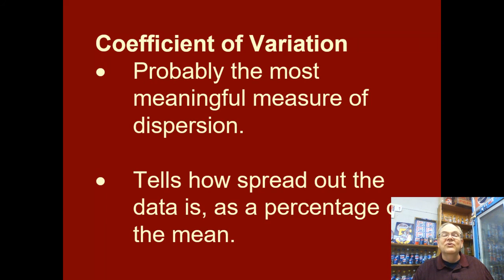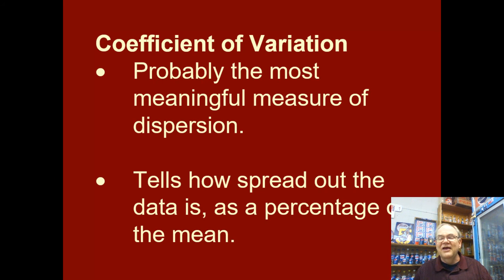The last of the things that we're going to talk about is what's called the coefficient of variation. And of the different things that we're going to be discussing, this one is probably the one that is the most useful for really understanding things. What the coefficient of variation does is it takes the idea of spread or dispersion and makes it into a percentage.